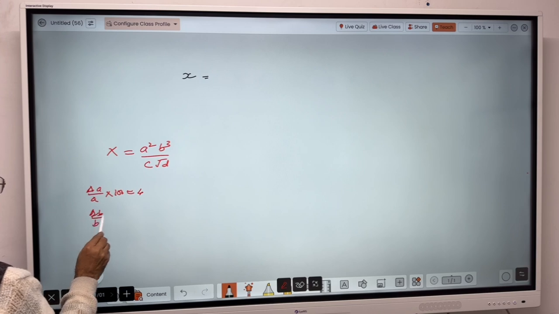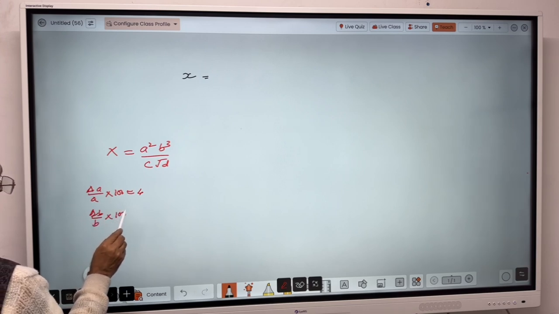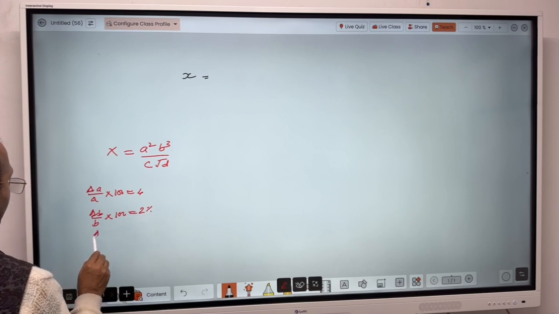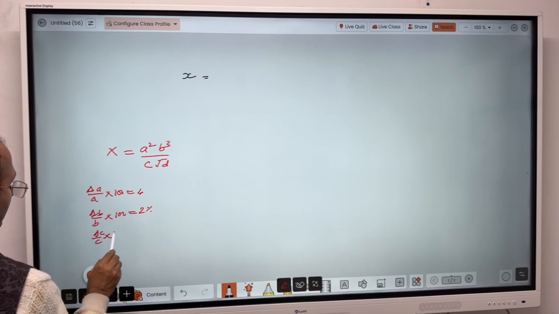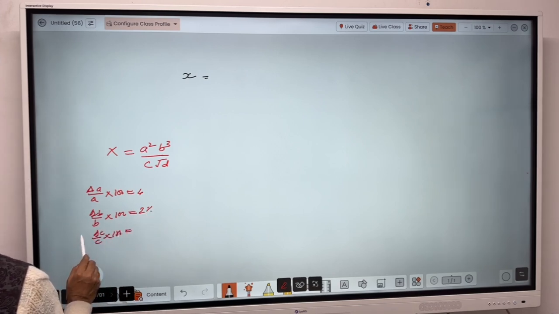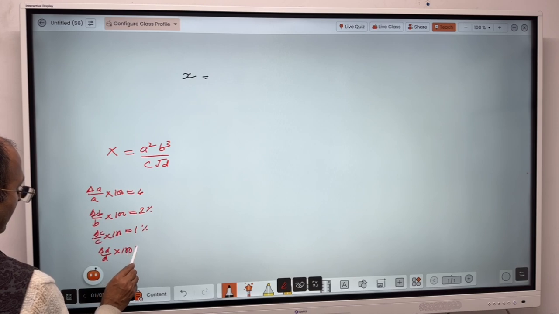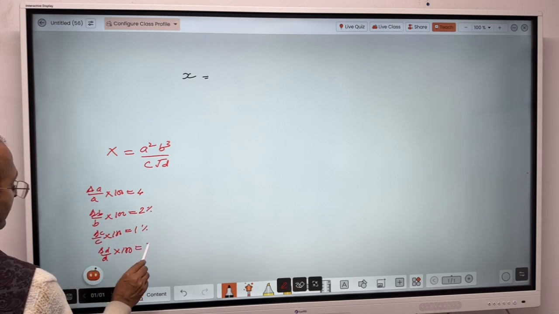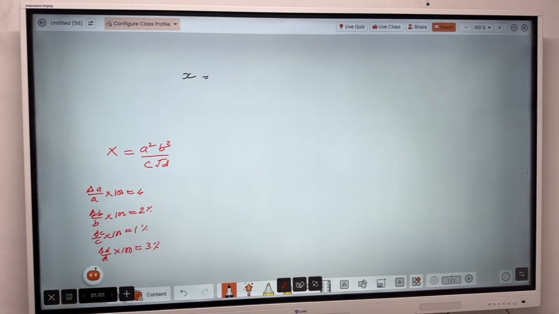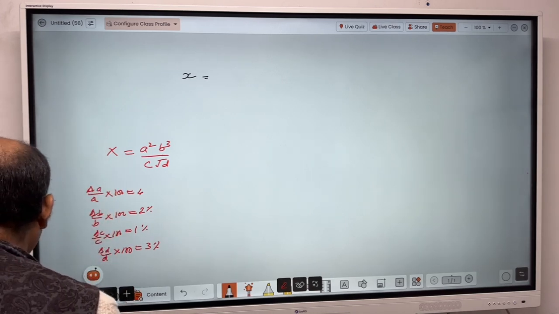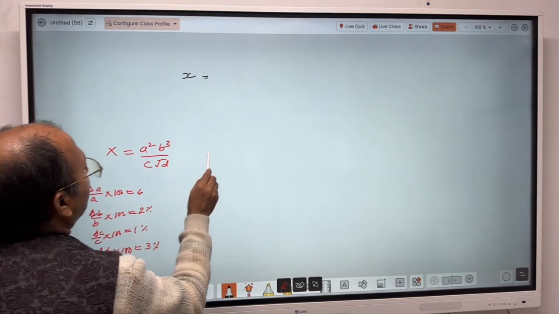Similarly, delta B upon B into 100 is given as 2%. Delta C upon C into 100 is given as 1%, and delta D upon D into 100 is given as 3%. You have to find out the percentage error in this quantity.